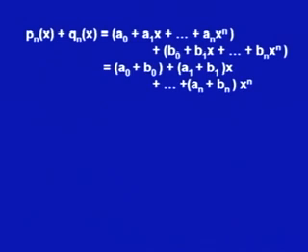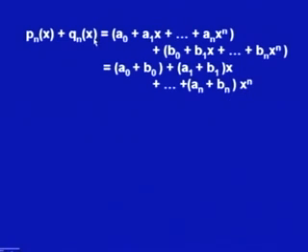defined in this manner. If I have two polynomials p_n(x) and q_n(x), where the polynomial p_n(x) is a_0 + a_1 x + ... + a_n x^n, and another polynomial q_n(x) of the form b_0 + b_1 x + ... + b_n x^n, then the addition of two polynomials is defined as (a_0 + b_0) + (a_1 + b_1) x and so on, and the last term is (a_n + b_n) x^n.